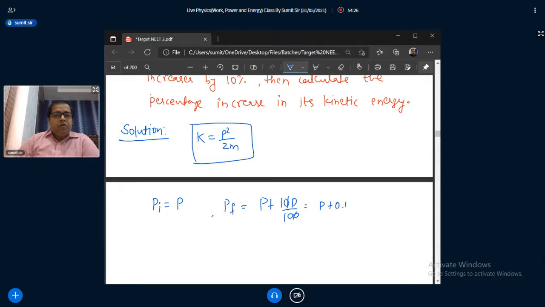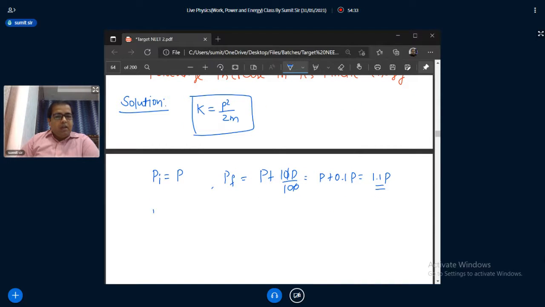So P plus 0.1P means 1.1P is the final momentum. Now, K initial you have P square by 2M. Then you can say K final is (1.1P) square by 2M. So you will have 1.21 P square by 2M.